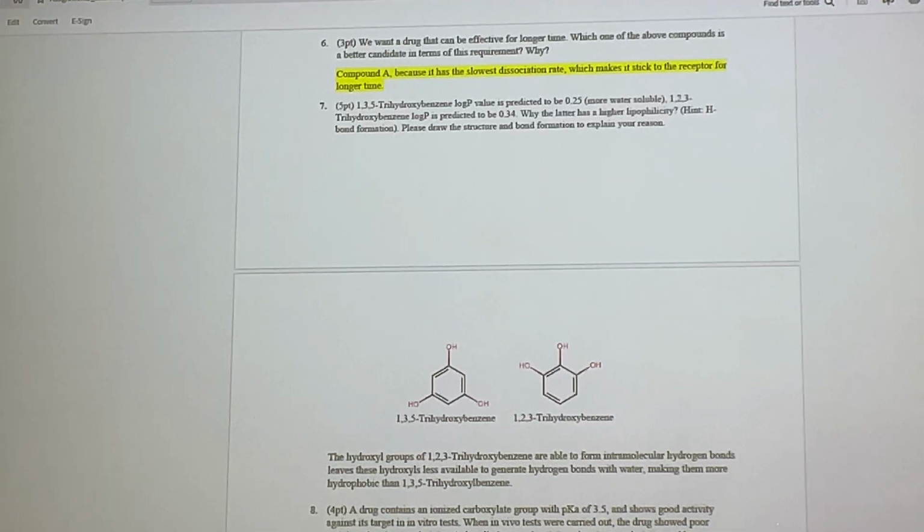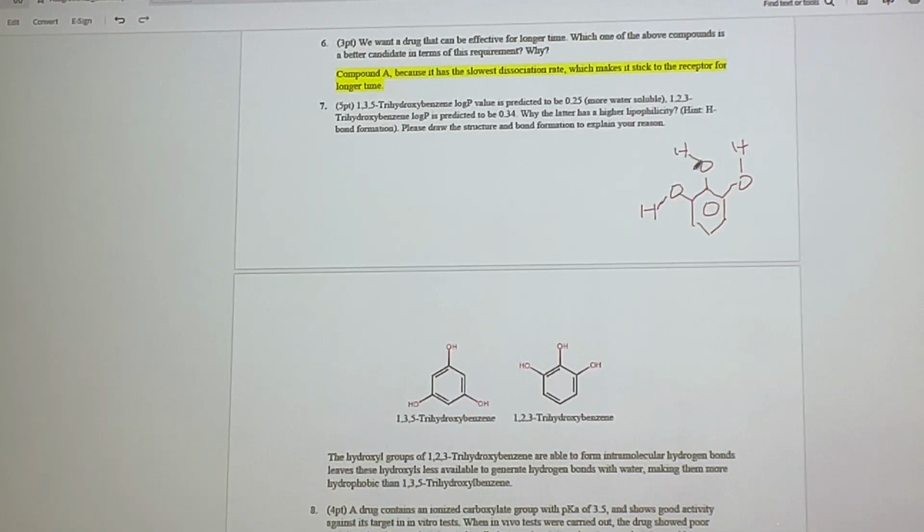Basically, it's because of the intramolecular hydrogen bond formation. For this one, if we draw out the structure of this hydrogen atom, it will be like this.